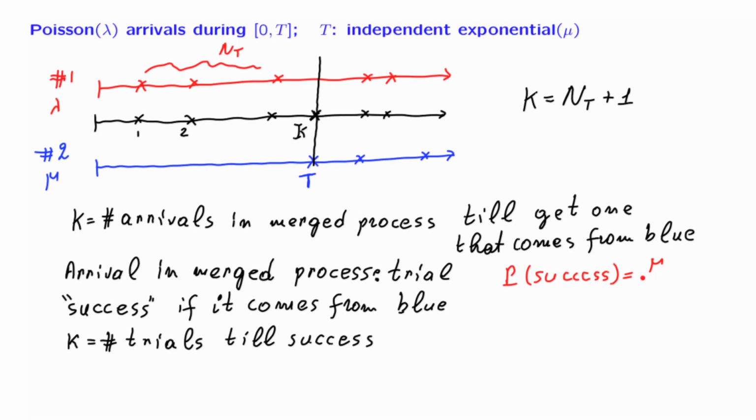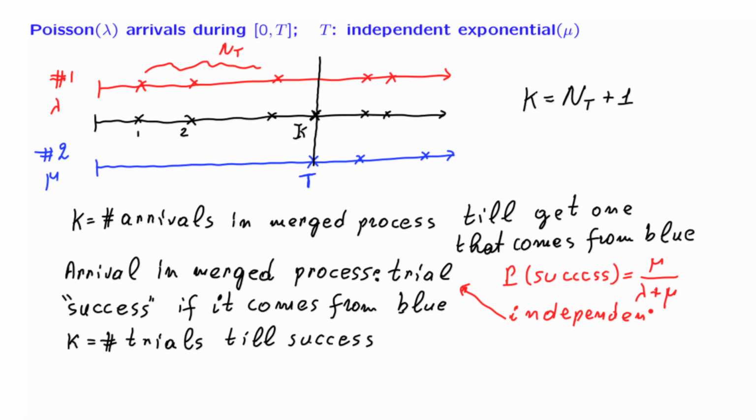And it is equal, as we have discussed before, to this. In addition, we have discussed that when you look at the merged process and ask what was the origin of one arrival and what was the origin of another arrival, the answers to these two questions are independent of each other. In other words, the origin of this arrival is statistically independent from the origin of that arrival. So this means that these trials are independent.